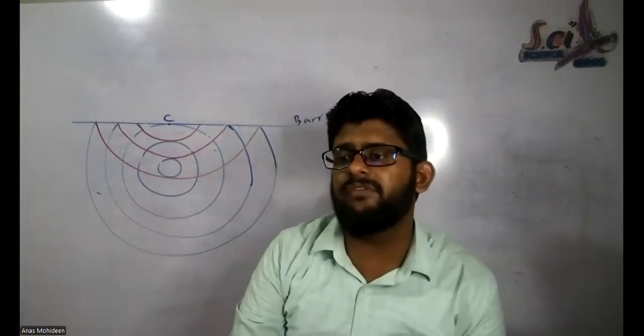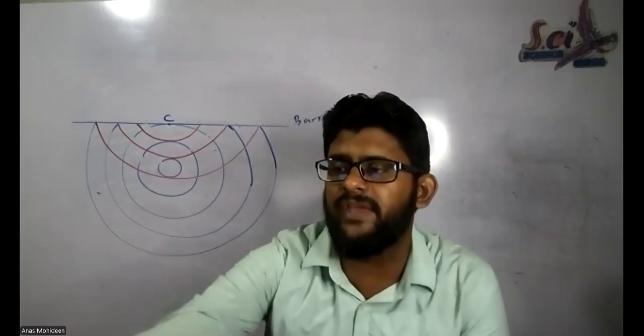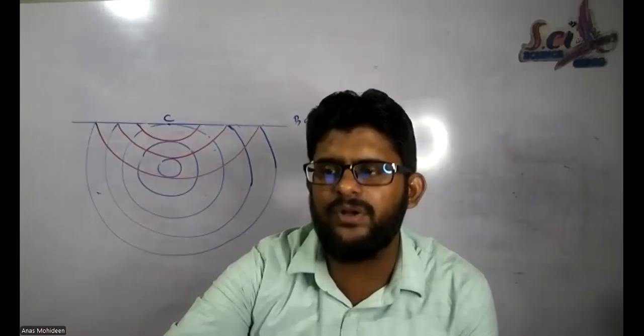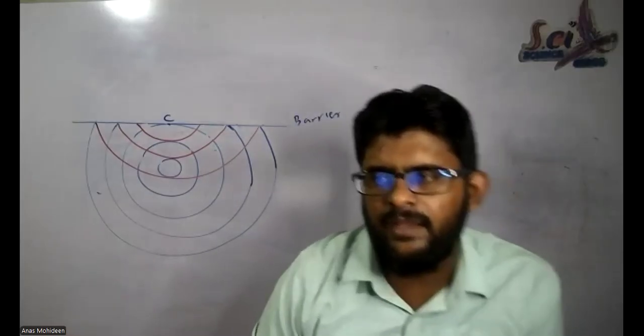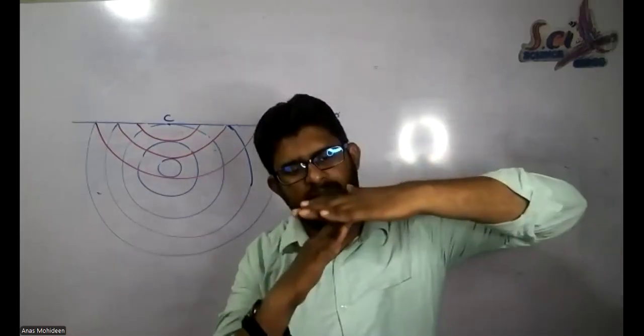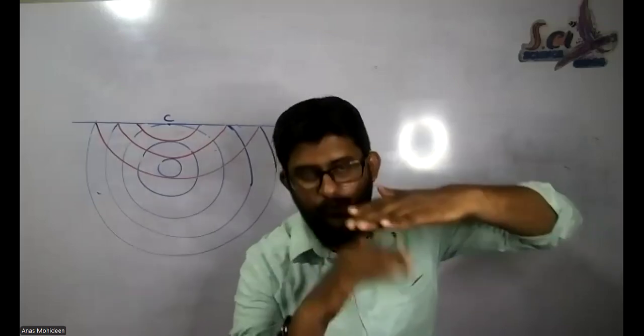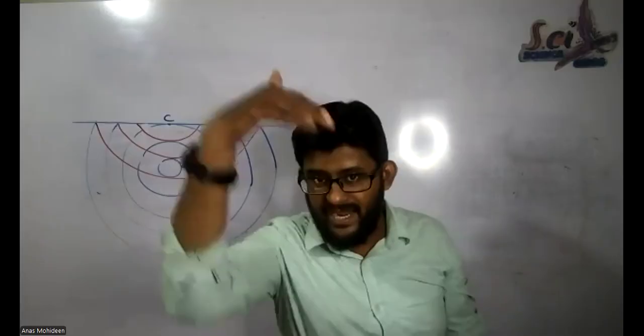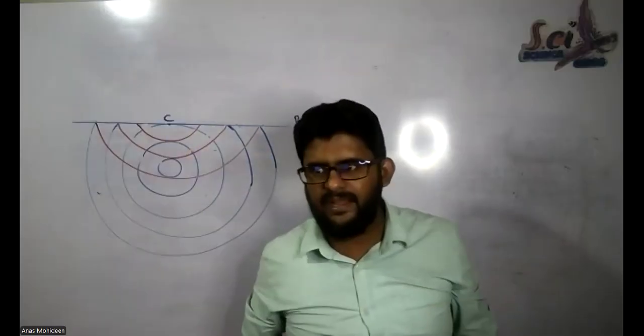Explain in terms of the wave theory what occurs as the wavefront strikes the boundary. When the wavefront is striking the boundary, what would be happening? Once it hits, it won't stop, right? It forms another wave, and that wave would be moving in the opposite direction. Opposite direction means it comes back.